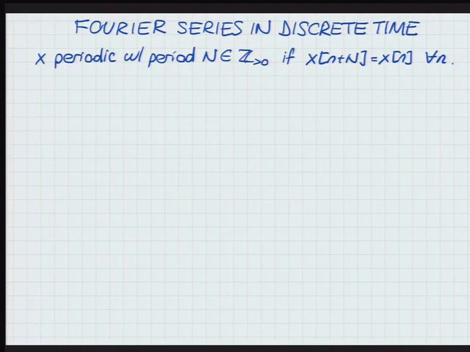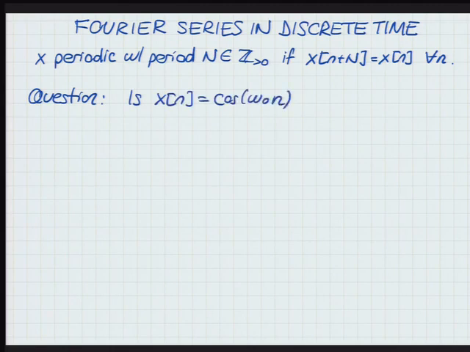Okay? So a question. Is x of n equal to cosine omega 0 n, where omega 0 is some frequency, periodic for any omega 0?